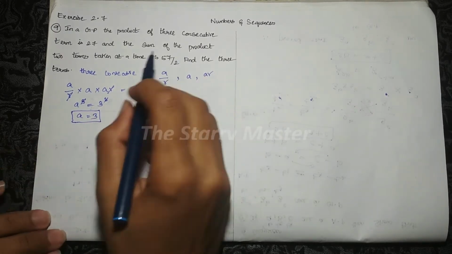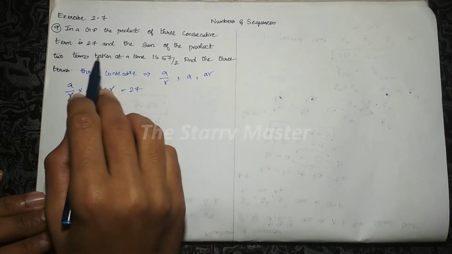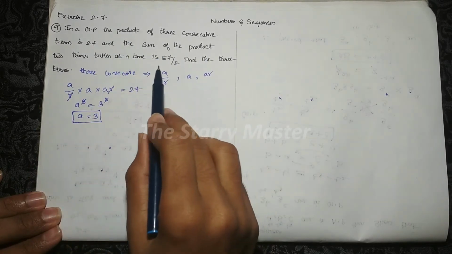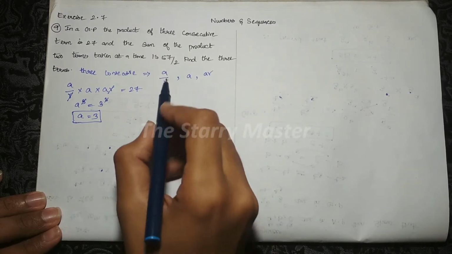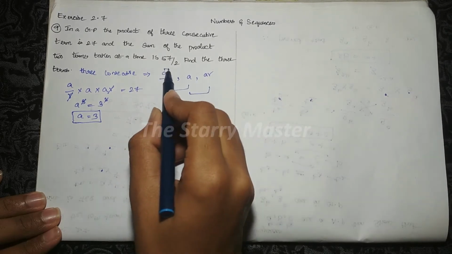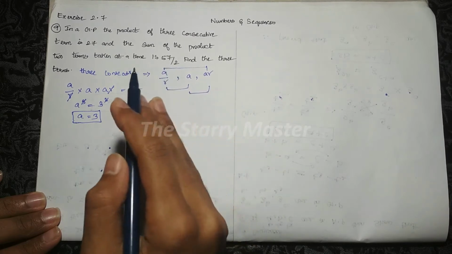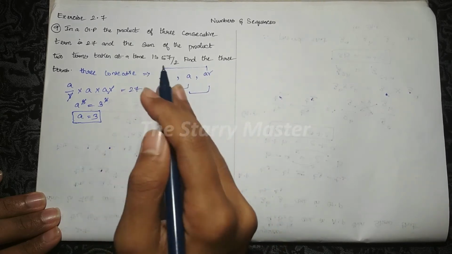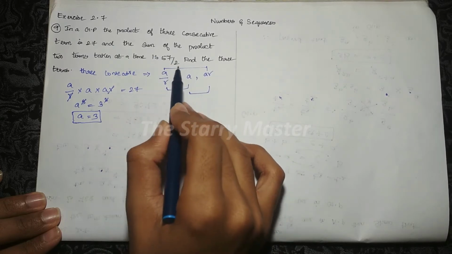Then it is said the sum of the product of two terms taken at a time. We have three terms; we have to take two terms at a time and add them. Every separate pair of terms, and the sum of the products of two terms, will give 57.